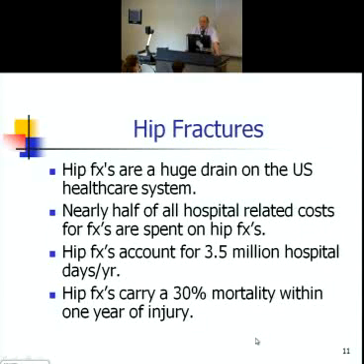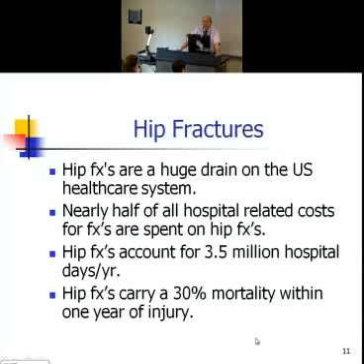So hip fractures are a big drain on the healthcare system, and nearly half of all hospital-related costs for fractures, not all hospital-related costs, but for fractures, are spent on hip fractures. Why? Every patient who gets a hip fracture is admitted to the hospital, and just about everyone is going to get an operation.